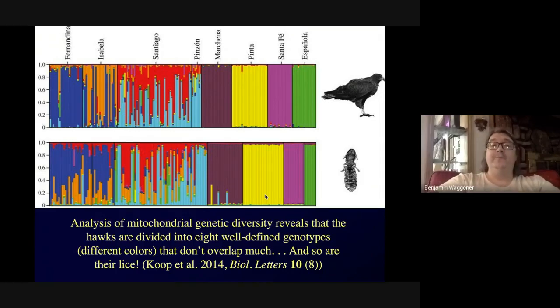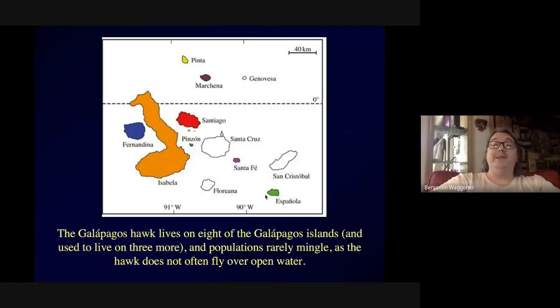So if we go back, you can see Pinta, Marchena, Santa Fe, and Española. They are far from the large islands of Fernandina and Isabela. Hawks flying from Fernandina to Isabela is doable. From Isabela to Pinta, much more difficult.